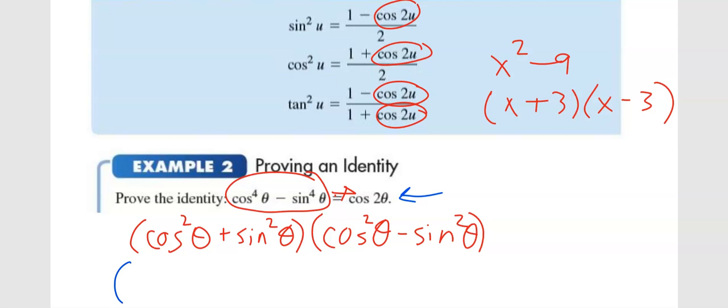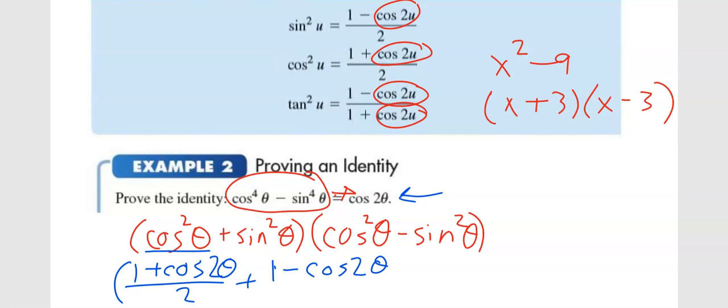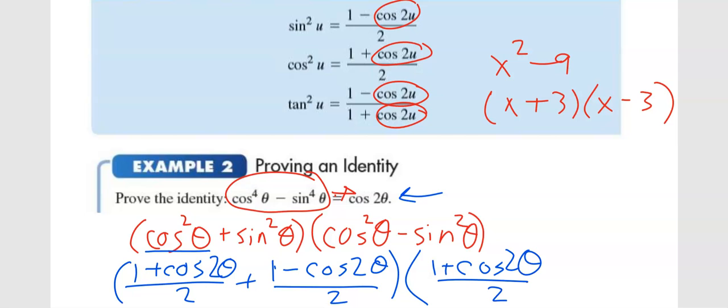Well, we got cosine squared, we got 1 plus cosine 2 theta, all over 2, plus 1 minus cosine 2 theta, all over 2, times 1 plus cosine 2 theta over 2 minus 1 minus cosine 2 theta over 2. All I'm doing is substituting with the things that I see up here.